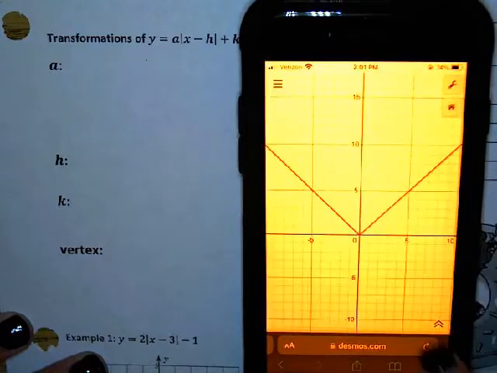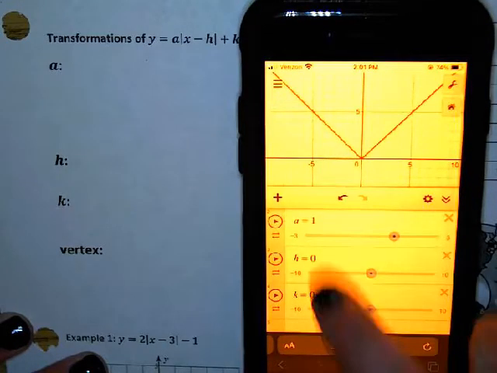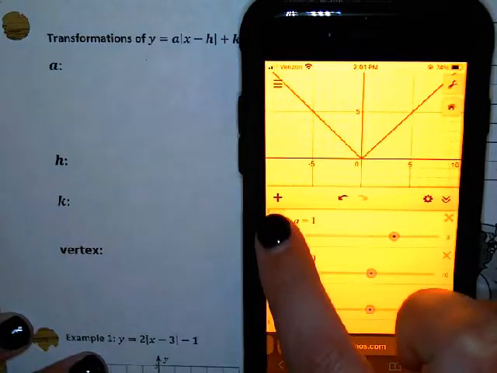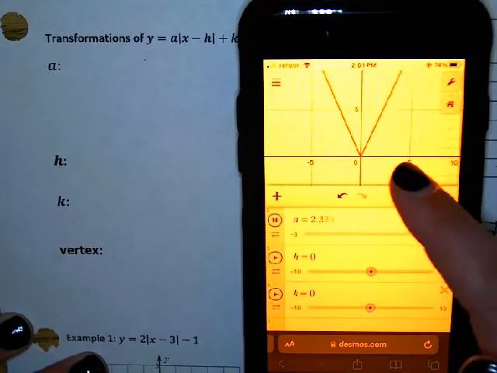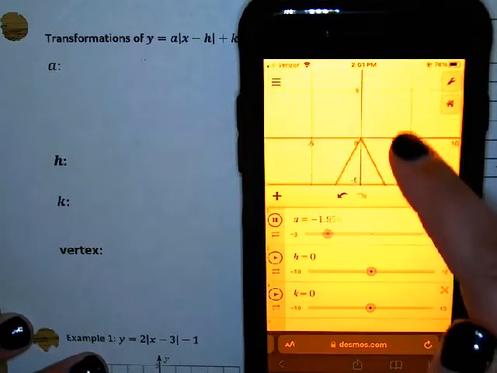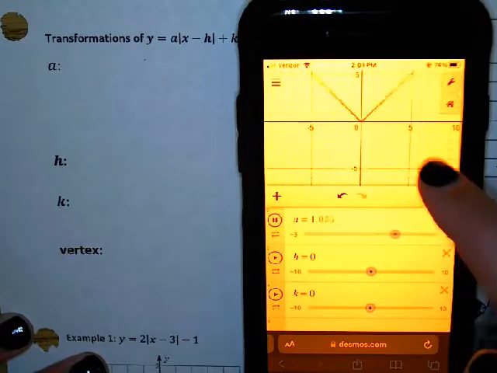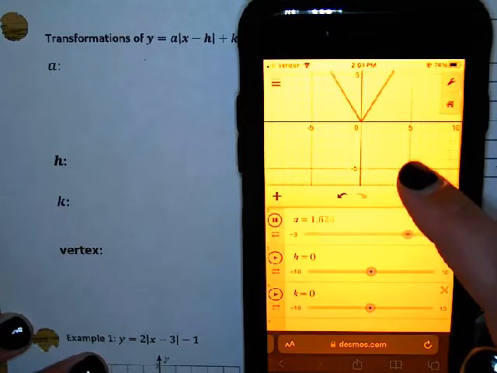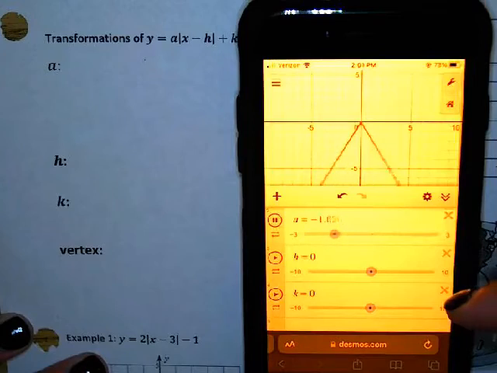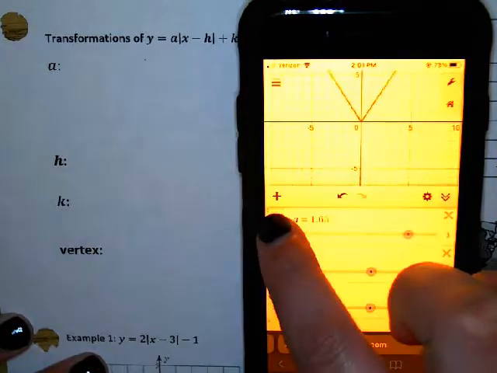So I'm going to look down here. I have all of these, the A, the H, and the K as sliders. So I'm just going to show you the A values can take the graph, they can make it get wider, they can make the graph get skinnier, and they can make the graph flip upside down. So that's kind of the interesting thing about the A value.